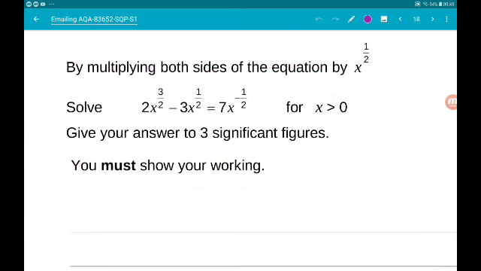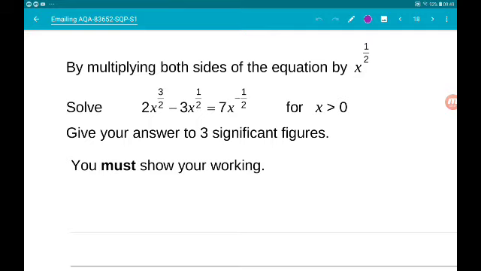Okay, question 17. By multiplying both sides of the equation by x to the power of 1/2, we want to solve 2x to the power 3/2 minus 3x to the 1/2 equals 7x to the minus 1/2 for x greater than 0. Giving our answer to 3 sig figs, we must show our working.